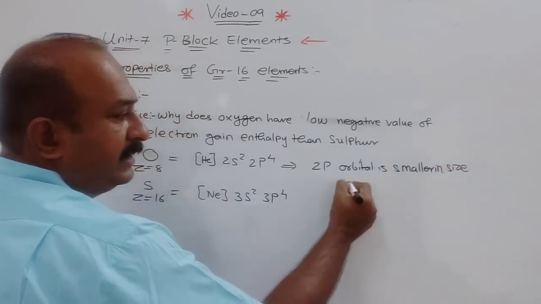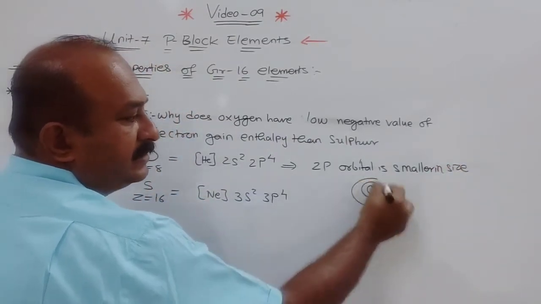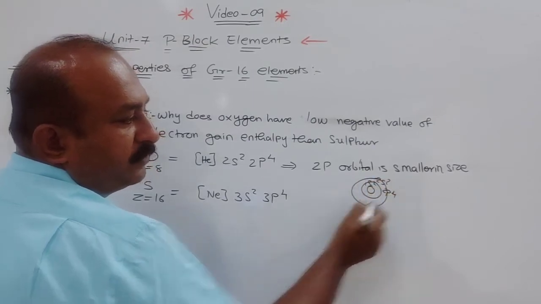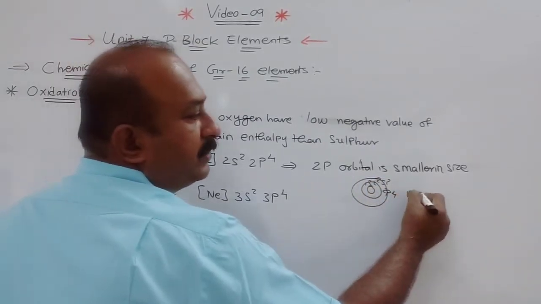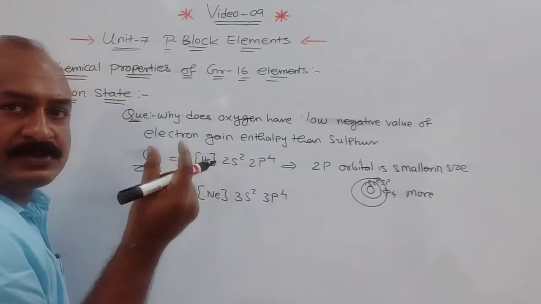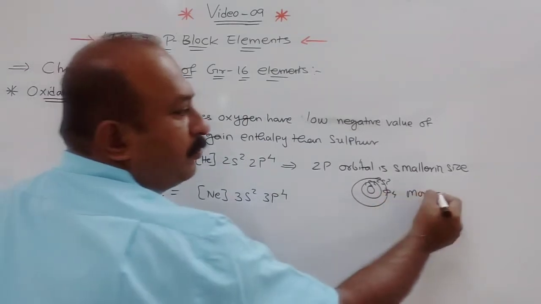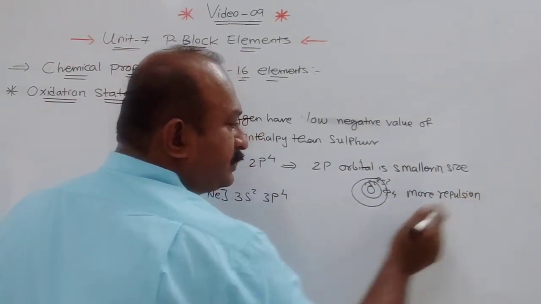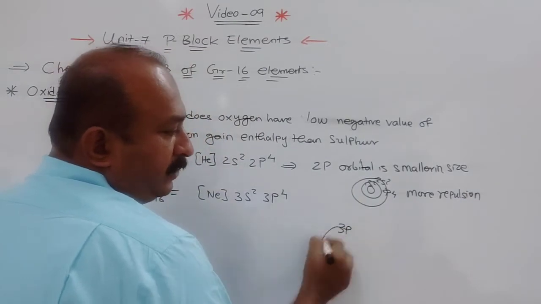So when the electrons are placed in this 2p orbital, there will be more repulsion because of the smaller size. The electrons are nearer and electrons are negatively charged. So more repulsion is observed compared to the 3p orbital.